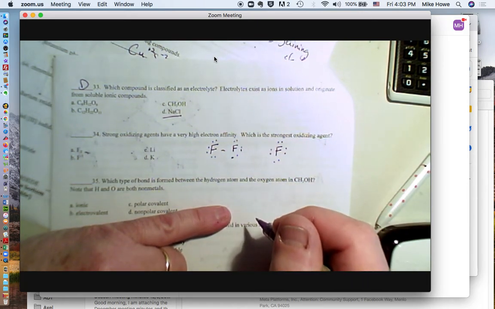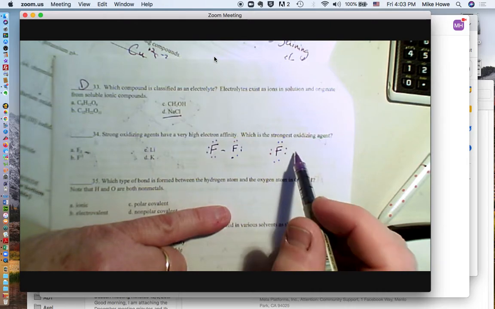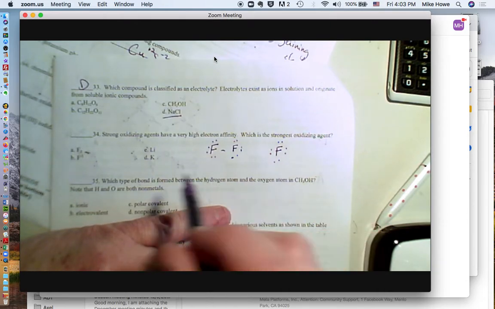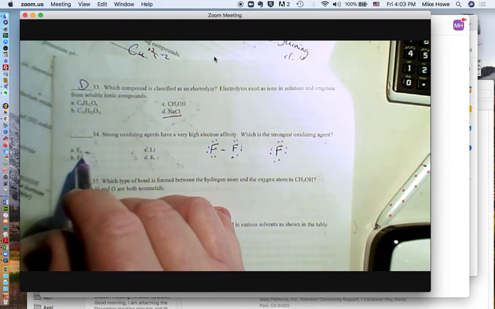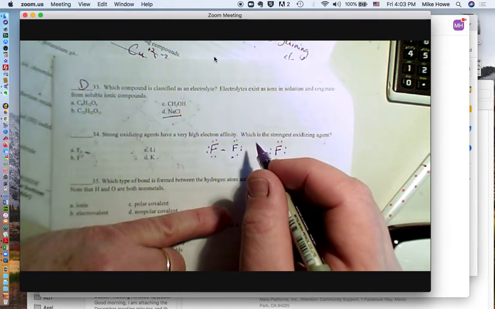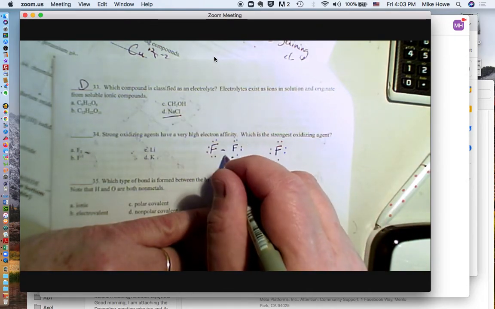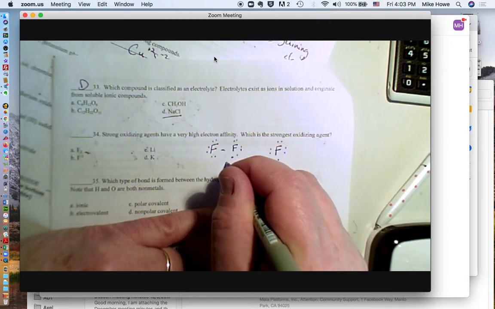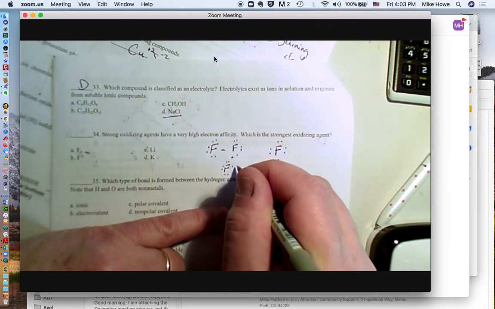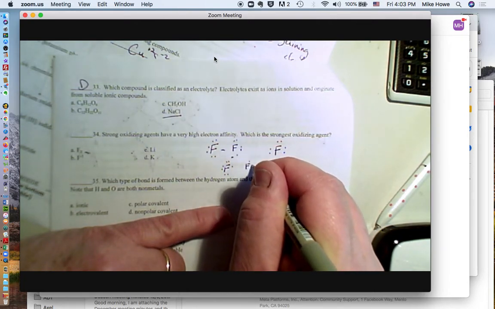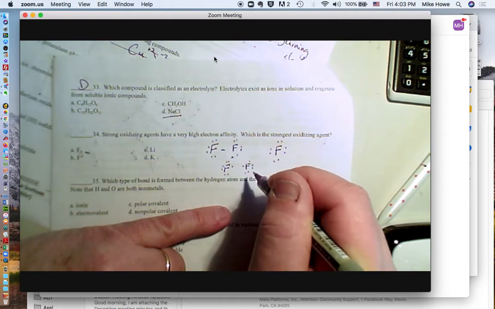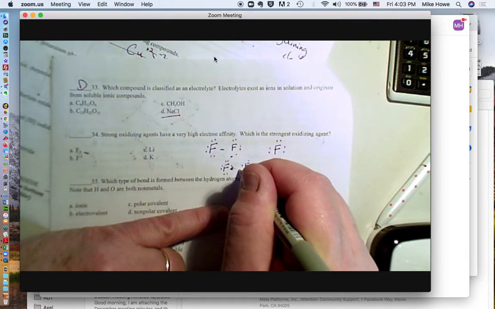Which one looks more likely to have an open spot? Well, this one has 8. It's got the 8th one because it's a -1 charge. So if this bond was broken, then I would have this. So there'd be an open spot on each atom.